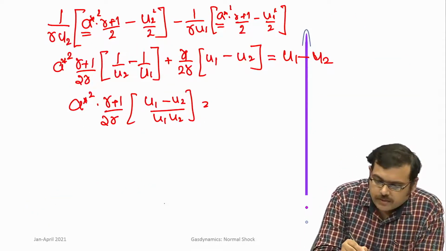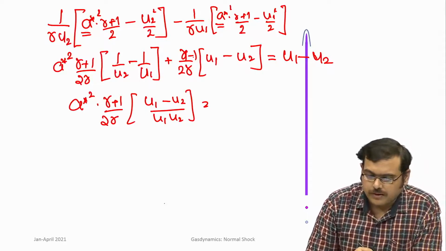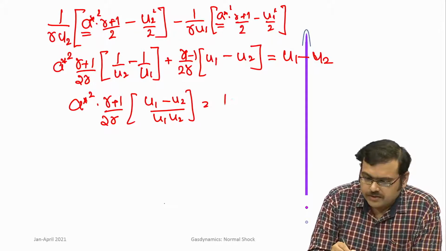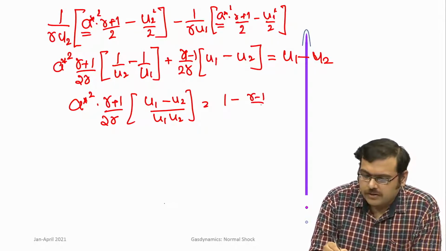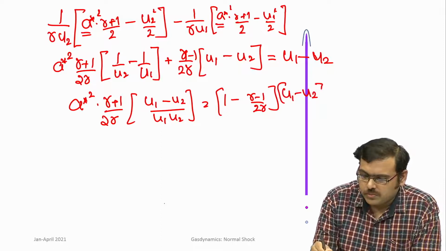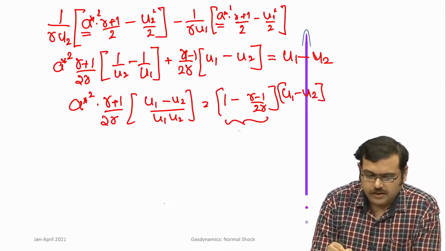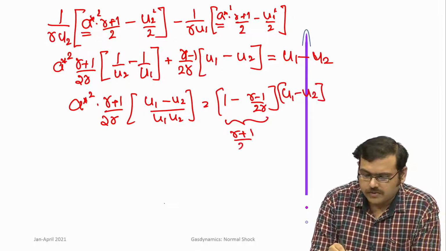So this is gamma minus 1 by 2 gamma, and so you get this term 1 minus gamma minus 1 by 2 gamma, u1 minus u2. So this term turns out to be gamma plus 1 by 2 gamma.